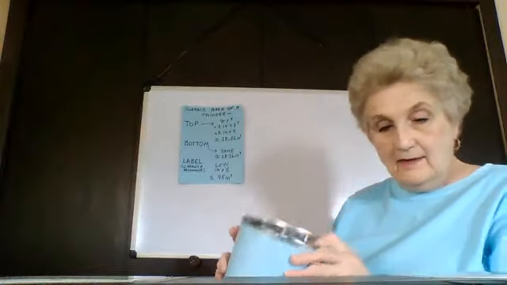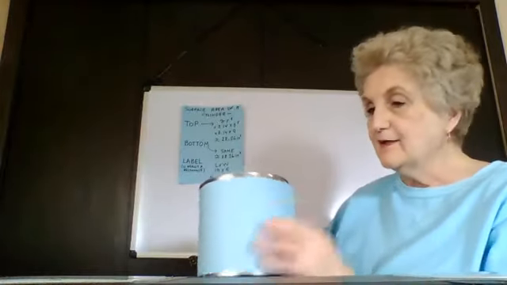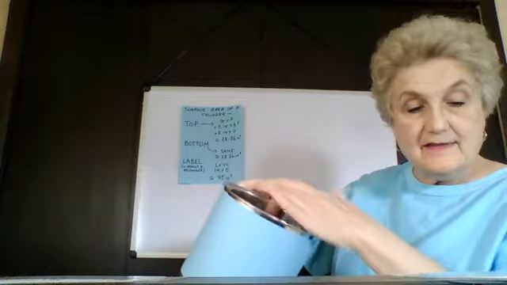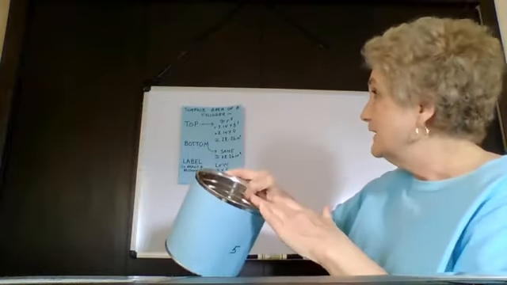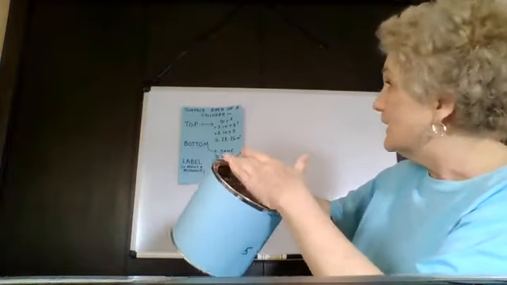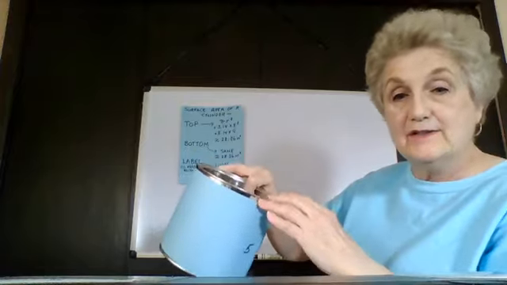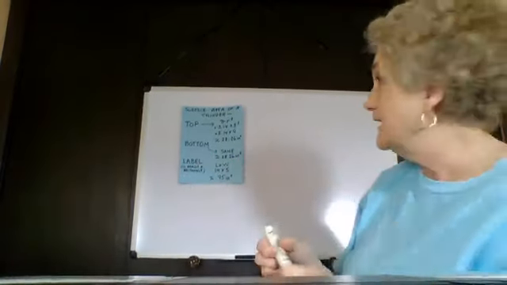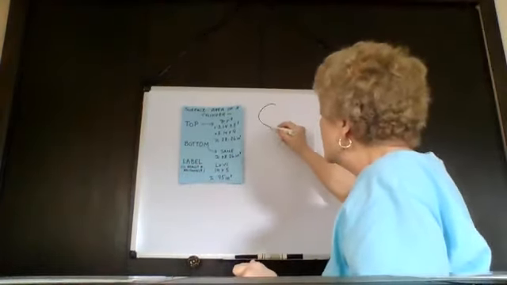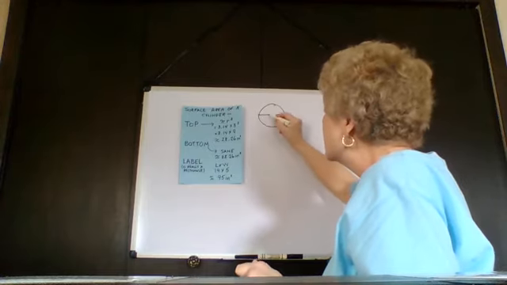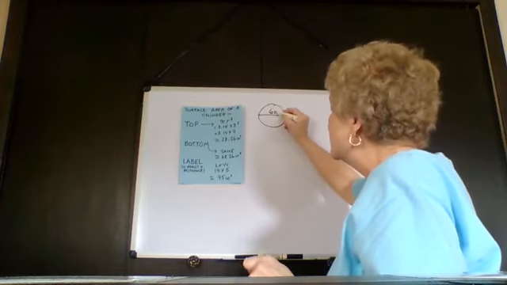I think I left the top downstairs, but I measured across the top, and I found out that it was a total of 6 inches in diameter. So let's put, this was 6 inches all the way across.